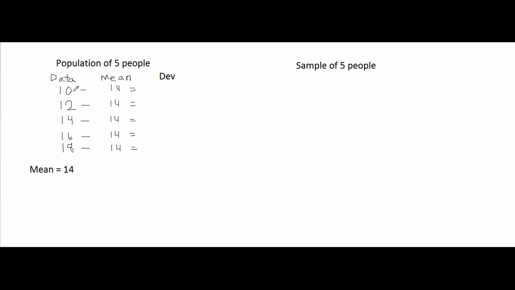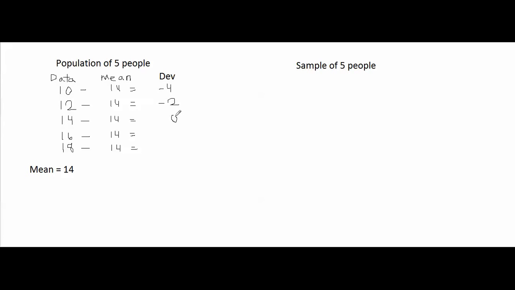So 10 minus 14 is negative 4. So remember, this negative 4 is just saying that this person's age is 4 below the mean of 14. 12 minus 14 is negative 2, because remember, this person is 2 below the mean, so they have a deviation of negative 2.